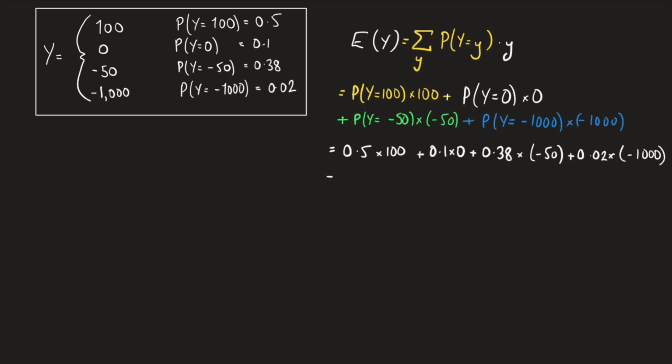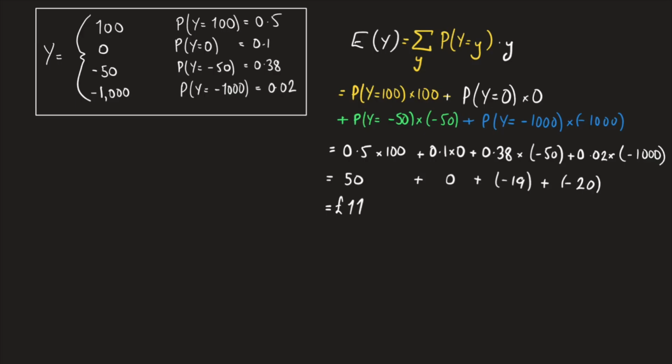If we multiply out each of the terms, we get 50 plus 0 plus minus 19 plus minus 20. And this is going to be equal to 11, or £11.